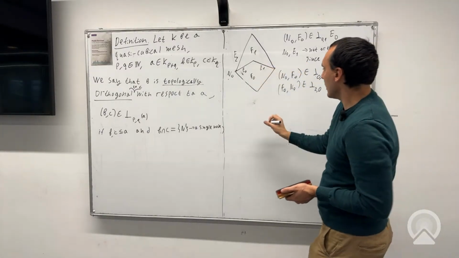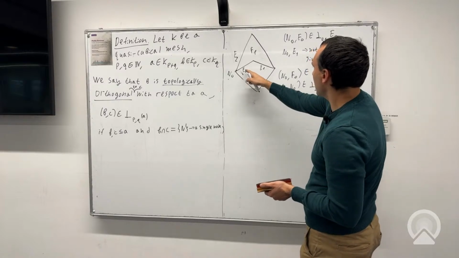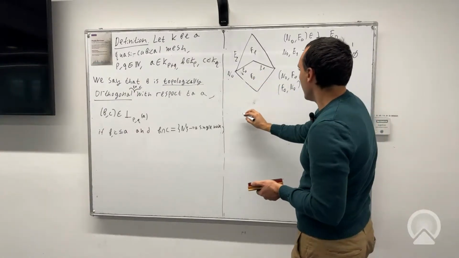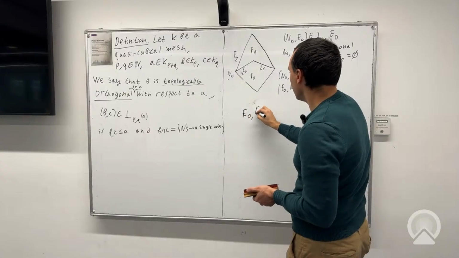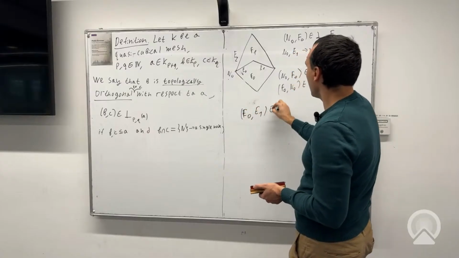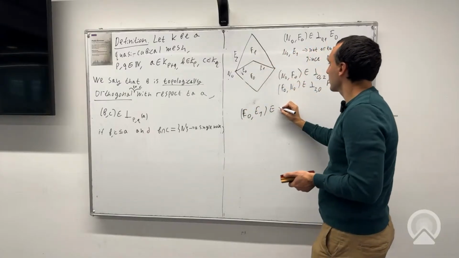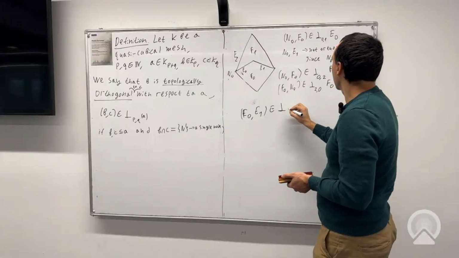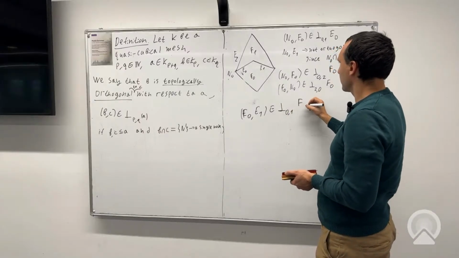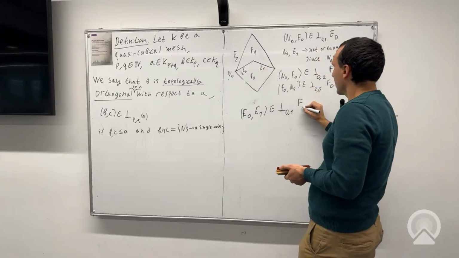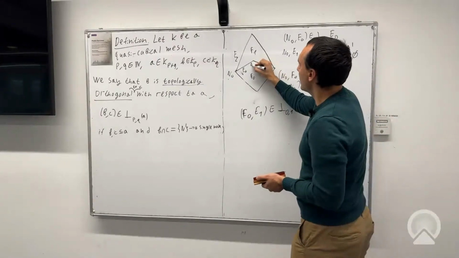Now let's consider one cell. So F1: E0, E1 are orthogonal to F1. Let's call this N1.